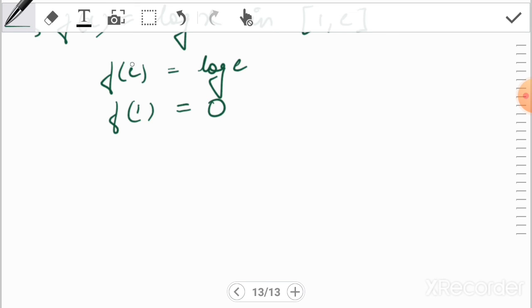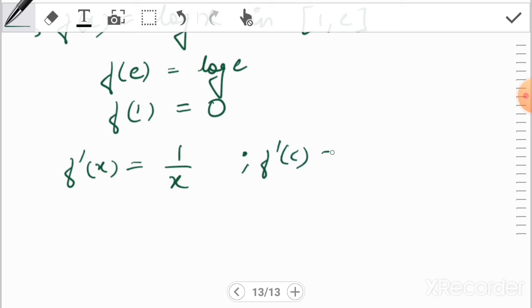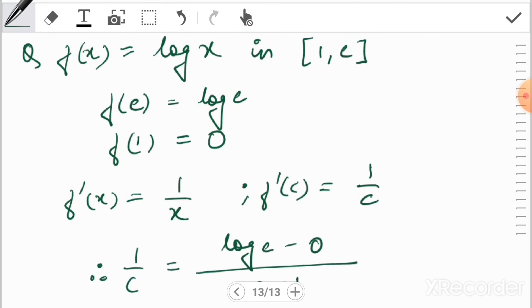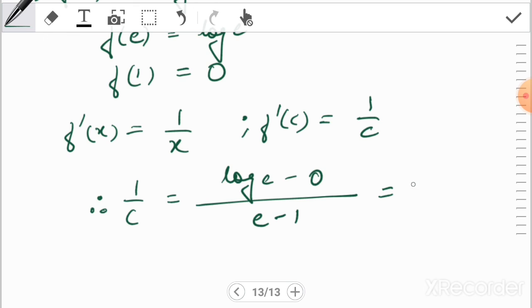And f'(x) is equal to 1 by x, or f'(c) is equal to 1 by c, and 1 by c is equal to (log e minus log 1) by (e minus 1), which is log e by (e minus 1).